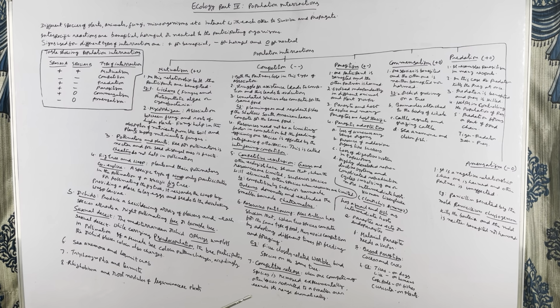In this way, competitive release happens. So from this what you would understand is competition, though harmful to both the participants, sometimes may not eliminate the other species because they make adjustments in their feeding habits and foraging habits.